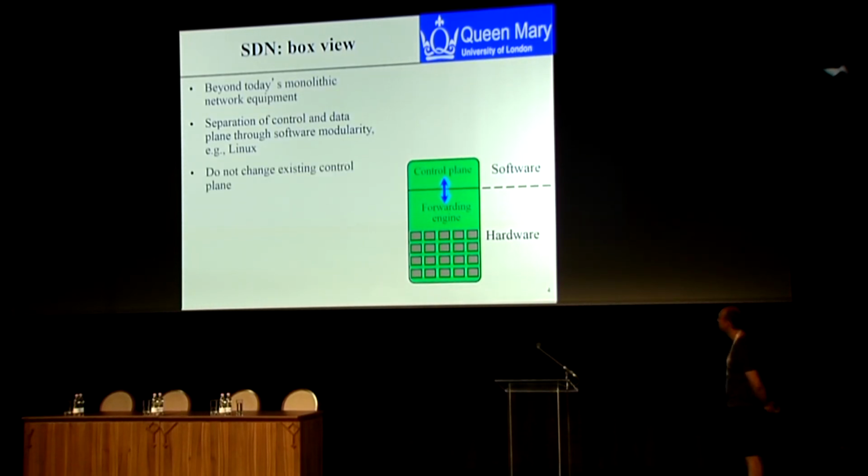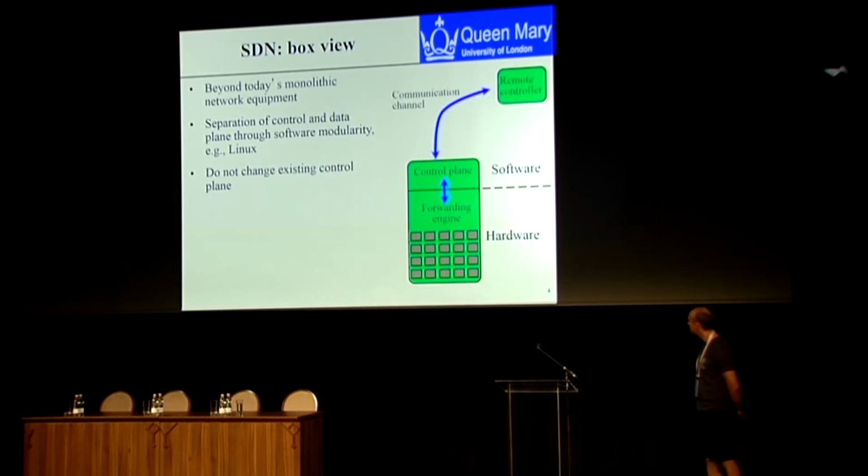Same thing for routers. Now, something important that is often overlooked is that you will not change the existing control plane, in the sense that you will not strip or remove things with SDN. What you do is add a controller that has a global view, that's the code that Jennifer mentioned.